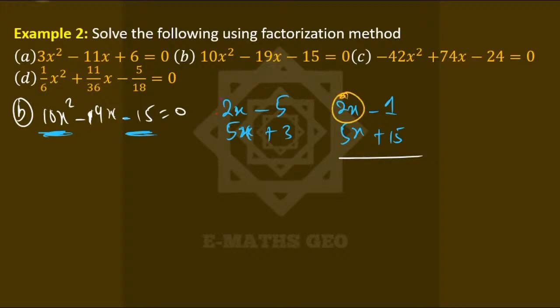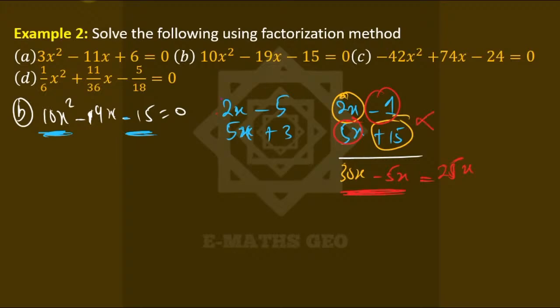So let's do 2x times 15. What do you get? You get 30x, right? Now let's do negative 1 times 5x, which gives you negative 5x. If you combine these two, what will it give us? It will give us 25x. But what is in the middle is negative 19x.